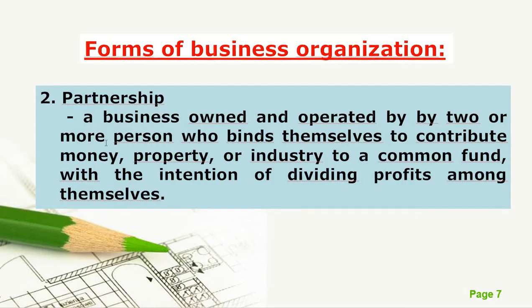Next would be partnership. This is a business owned and operated by two or more persons who bind themselves to contribute money, property, or industry to a common fund with the intention of dividing the profits among themselves. That is the essence of partnership, that in the end, they divide the profits among themselves.